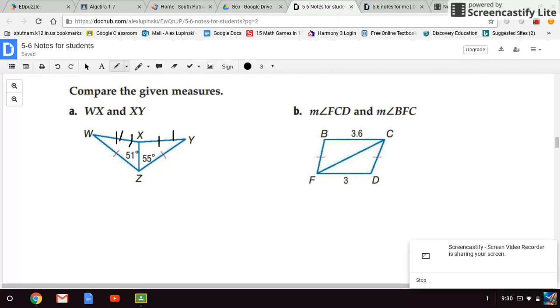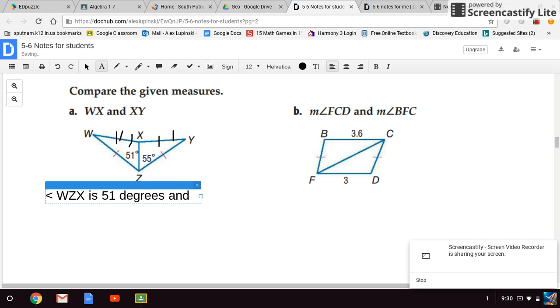And angle WZX is 51 degrees, and angle YZX is 55 degrees.